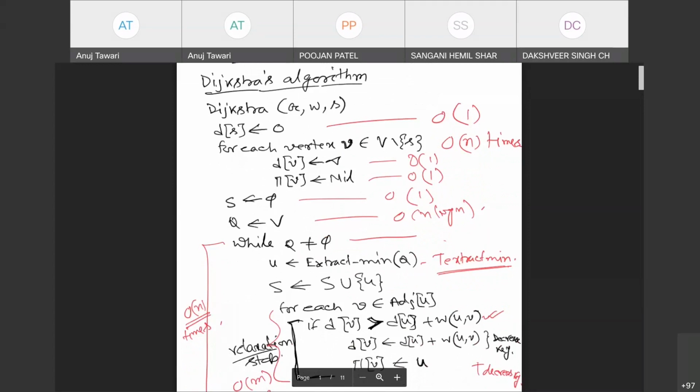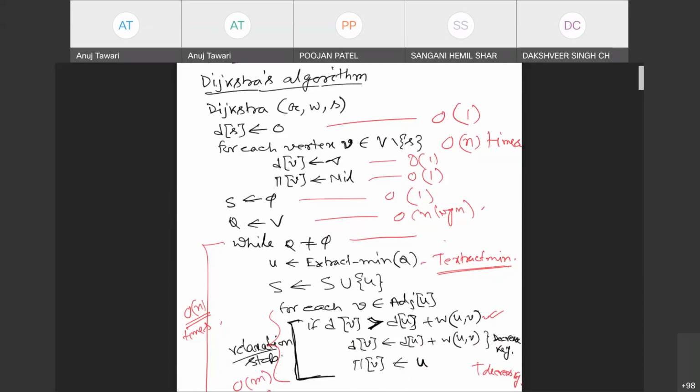So what is our relaxation step? For every neighbor of U, let V be a neighbor of U. If dV is larger than dU plus WUV, right? What is dU plus WUV? We just first go from S to U and then traverse the edge from U to V. Okay.